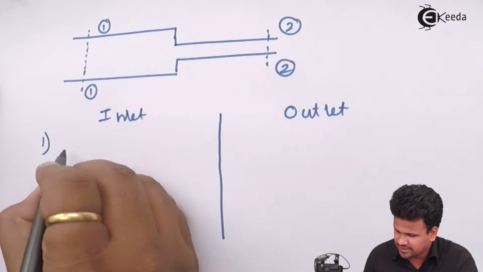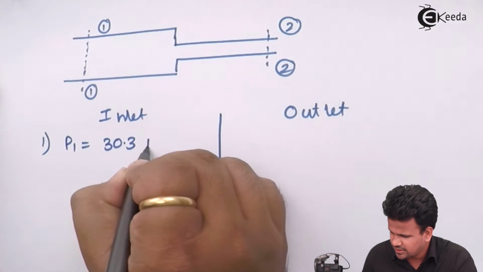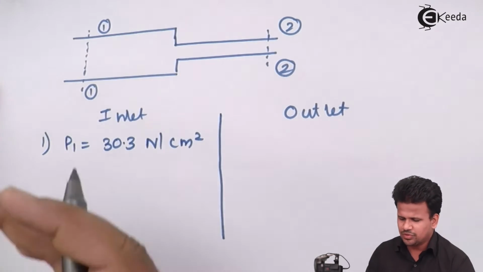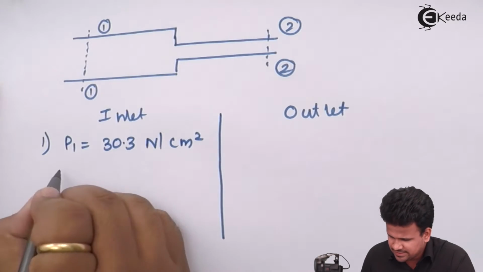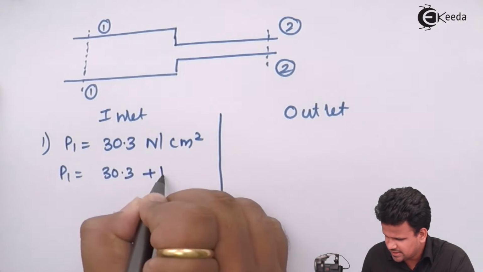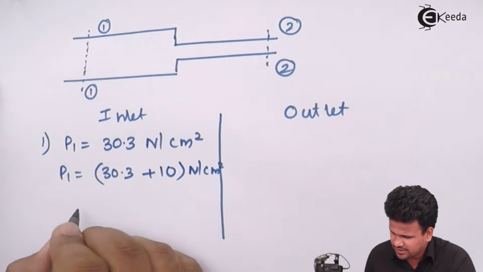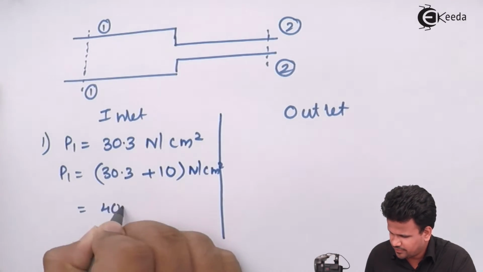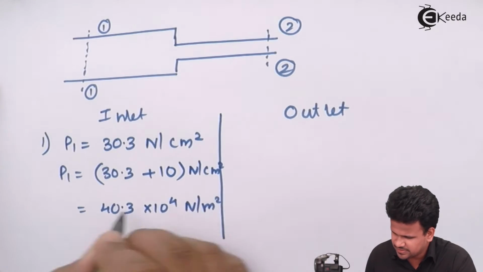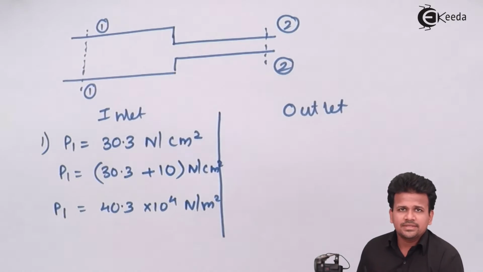At the inlet, we write the pressure P1 is equal to 30.3 Newton per centimeter square, which was gauge pressure. To convert into an absolute pressure, P1 is equal to 30.3 plus 10 Newton per centimeter square. So this will be 40.3 into 10 raised to 4 Newton per meter square. That is the absolute pressure at the inlet.